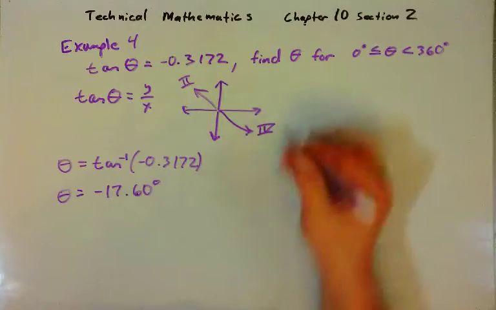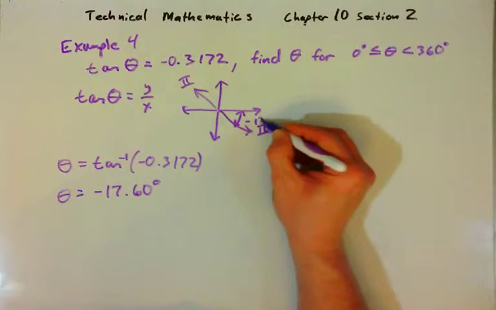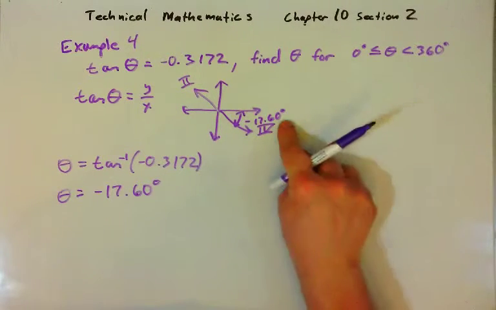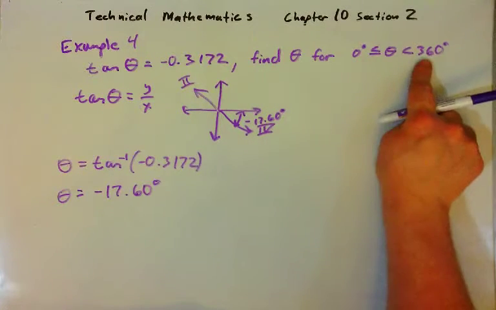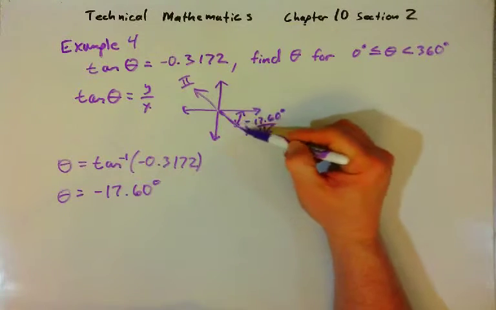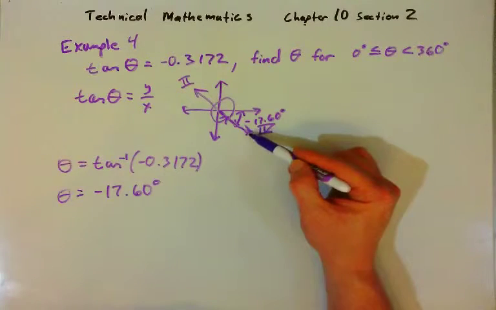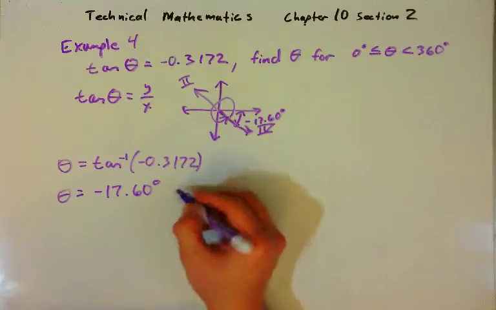And so, what our calculator is telling us is that the angle is a negative 17.60 degrees. We need that angle to be positive. And so what we'll do is, if this angle is negative 17, if we add 360 to it, we'll get back to the exact same position, but we'll have an angle that's positive.